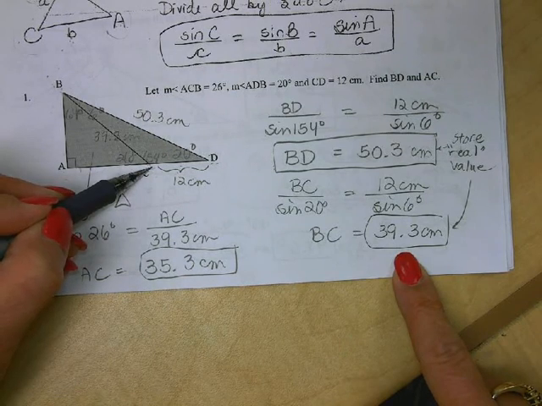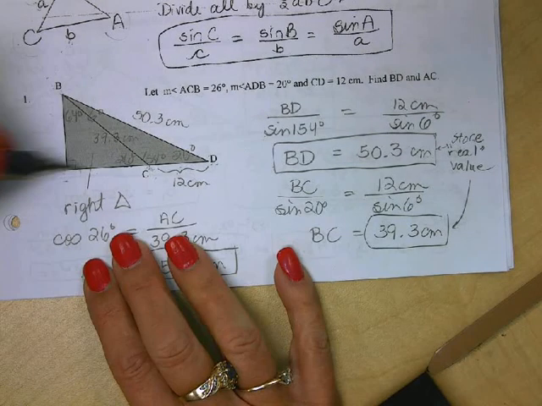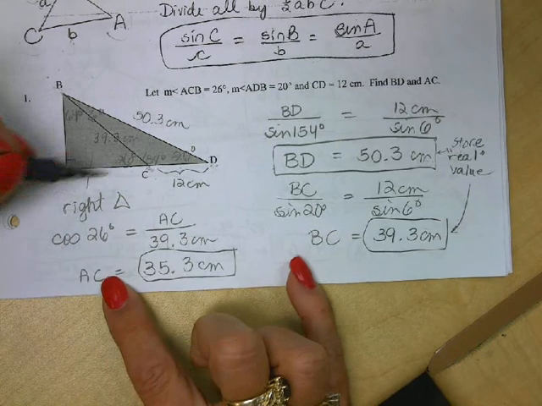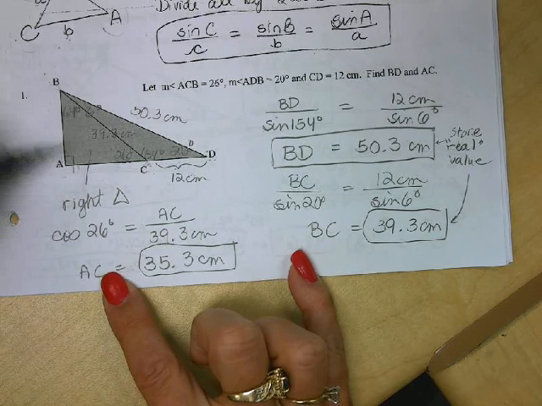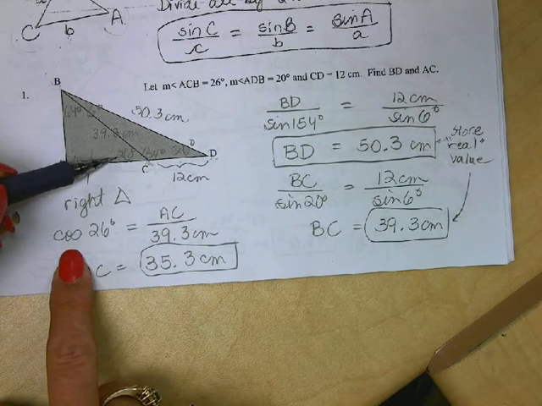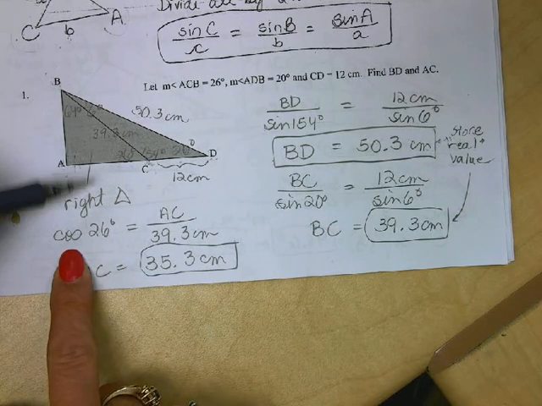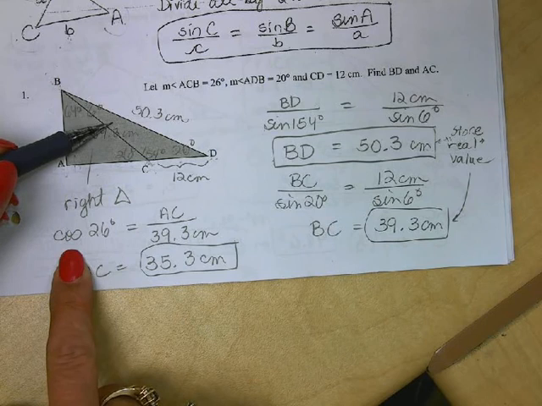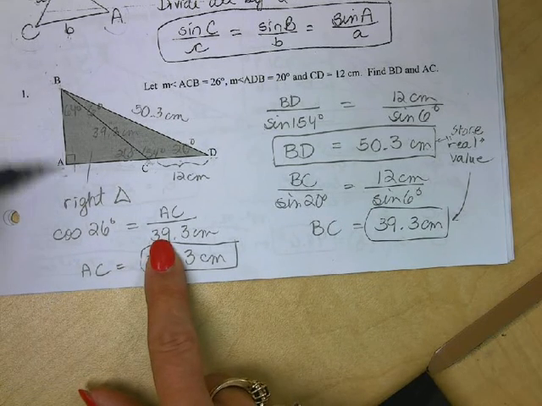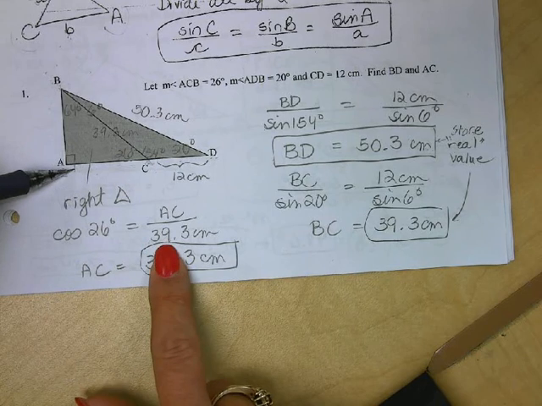And then I can end up using this little right triangle situation to determine what the length of my AC is. So we have that the cosine of angle 26 is equal to, in the SOHCAHTOA definition, adjacent over hypotenuse. And I know that this hypotenuse in this little right triangle ABC is 39.3 centimeters.